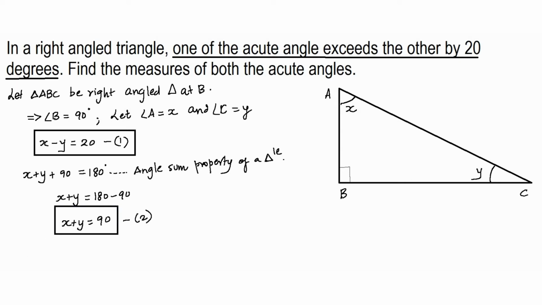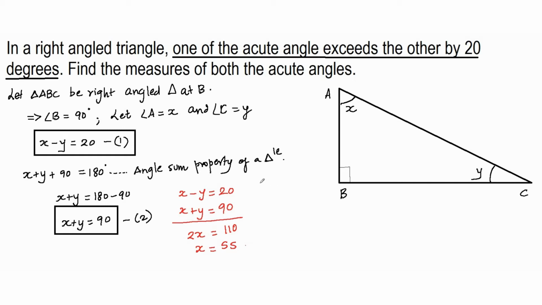So now what I can do is I can solve for X and Y simultaneously. Naturally here adding the two equations will help me get rid of Y. So let's add the two equations. I have X minus Y equal to 20 and X plus Y equal to 90. I get 2X equal to 110, which means X is 55.